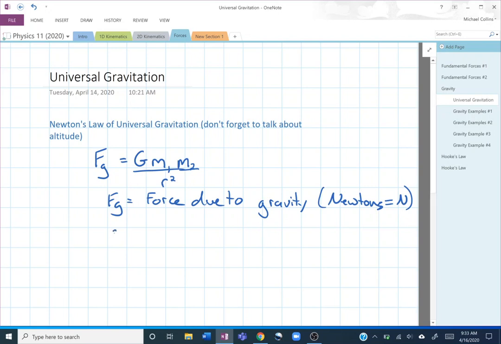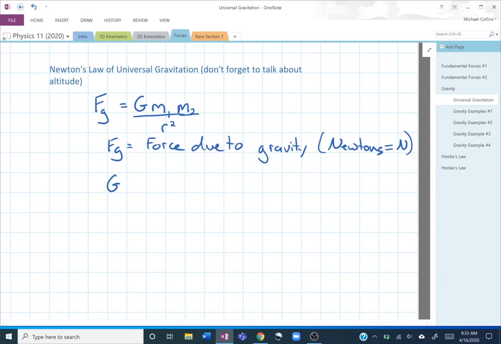I'm going to skip big G for a second, and I just want to talk about m1 and m2. m1 and m2 are any two masses. Any two masses at all. This again could be the Earth and the Moon. It could be the Earth and the Sun.